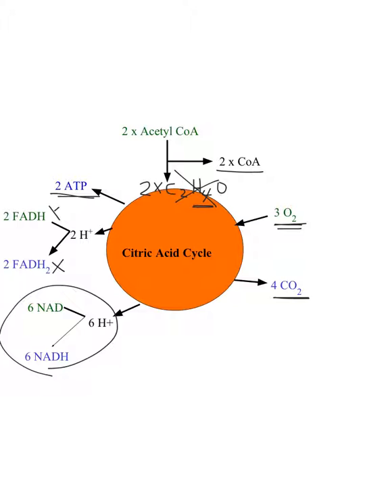The bad news is that that's still not enough to keep a complex multicellular organism alive. Bottom line, however, we're going to harvest even more energy in the next set of reactions. And that's where all the action happens in terms of making lots and lots of ATP.